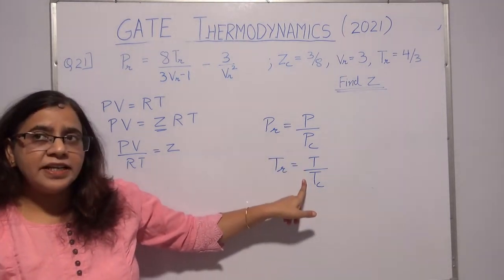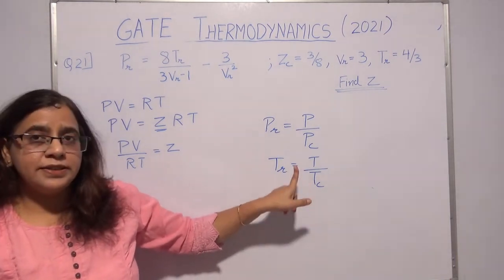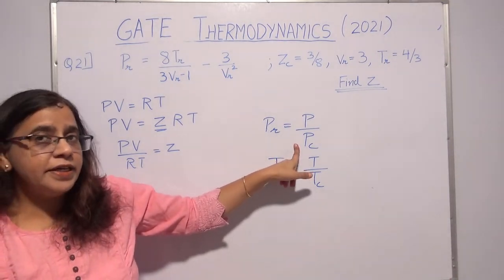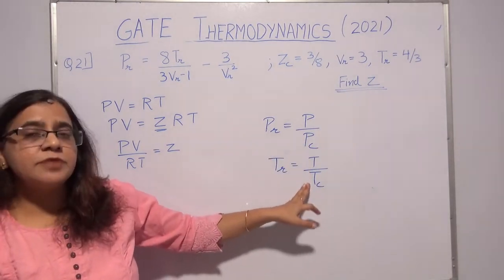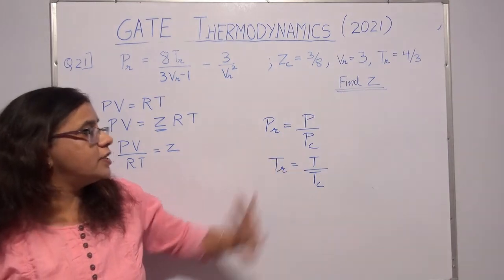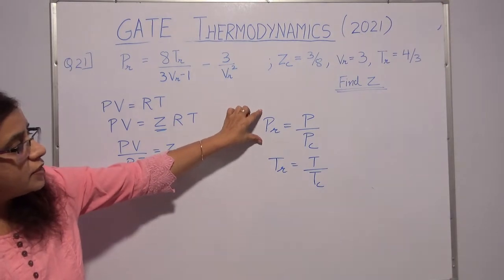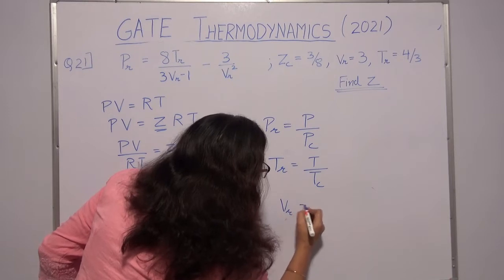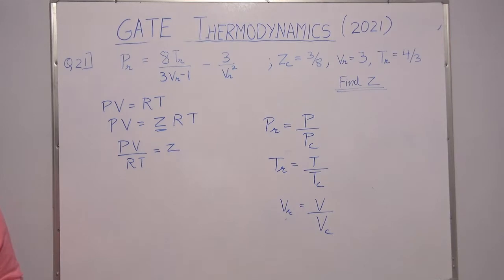Critical temperature is the temperature above which you cannot liquefy a gas, and critical pressure is the minimum pressure required to liquefy the gas present at critical temperature. Similarly, I can define the reduced molar volume as the molar volume divided by the molar volume at the critical point. So these are the definitions.